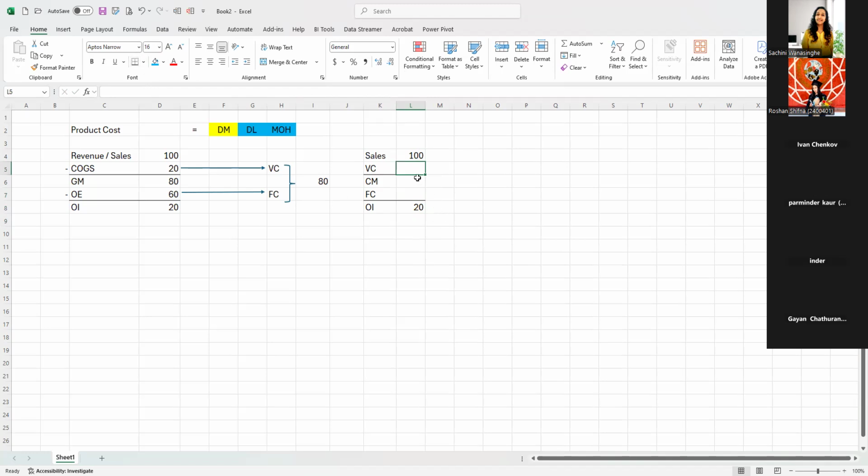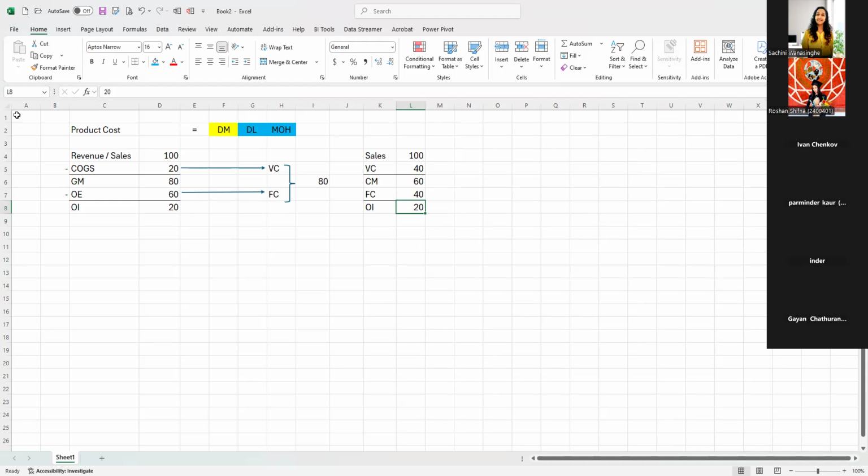Now what am I gonna change in the middle? Let's say the variable costs are 40. My contribution margin now is 60. How much is left to be my fixed cost? 40. Make sense? Do you understand this logic?